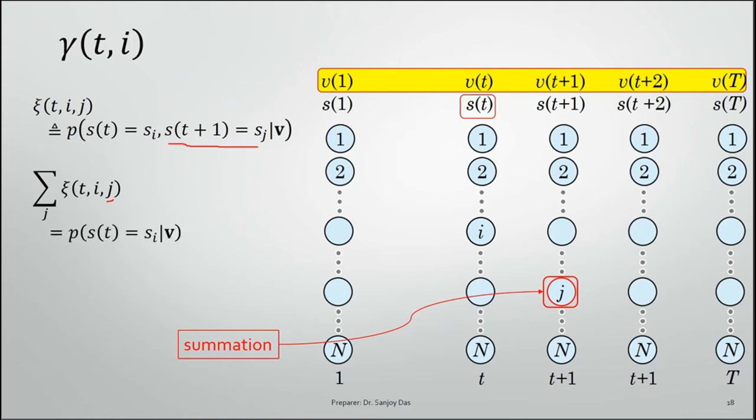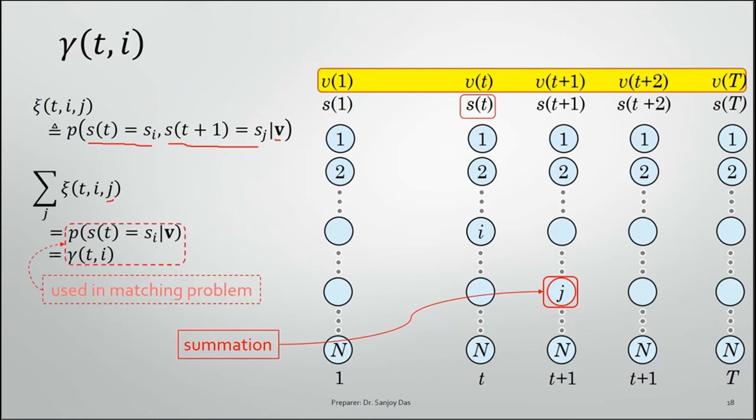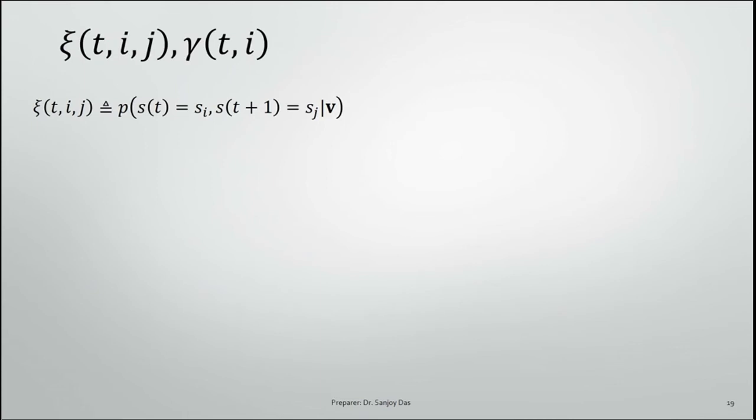And so that gives me simply the probability of St equals Si given the output sequence. And that's defined as gamma Ti. Now we had used gamma Ti earlier during the matching problem. Anyway, so let's see, zeta Tij and gamma Ti.